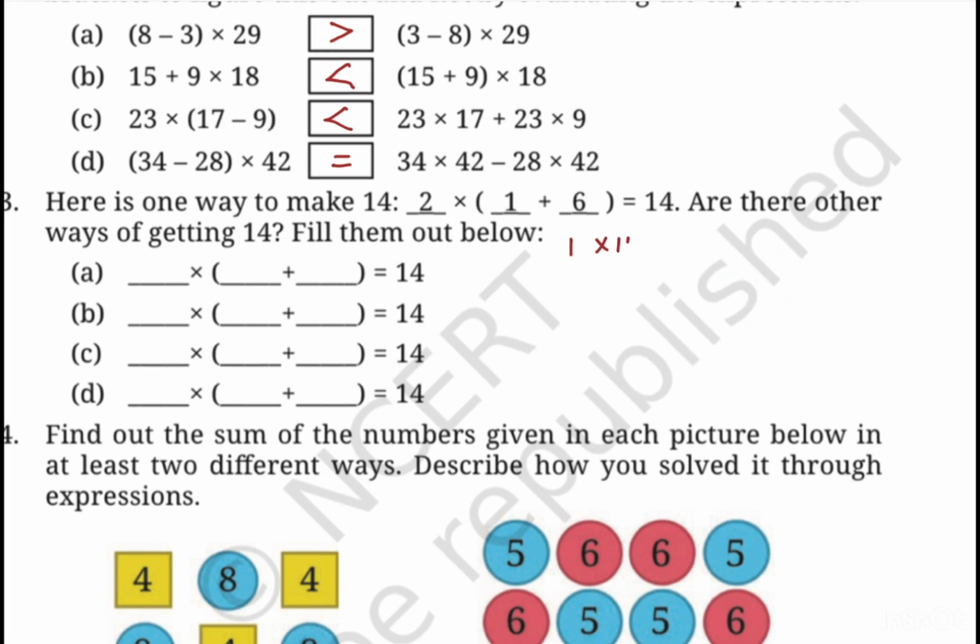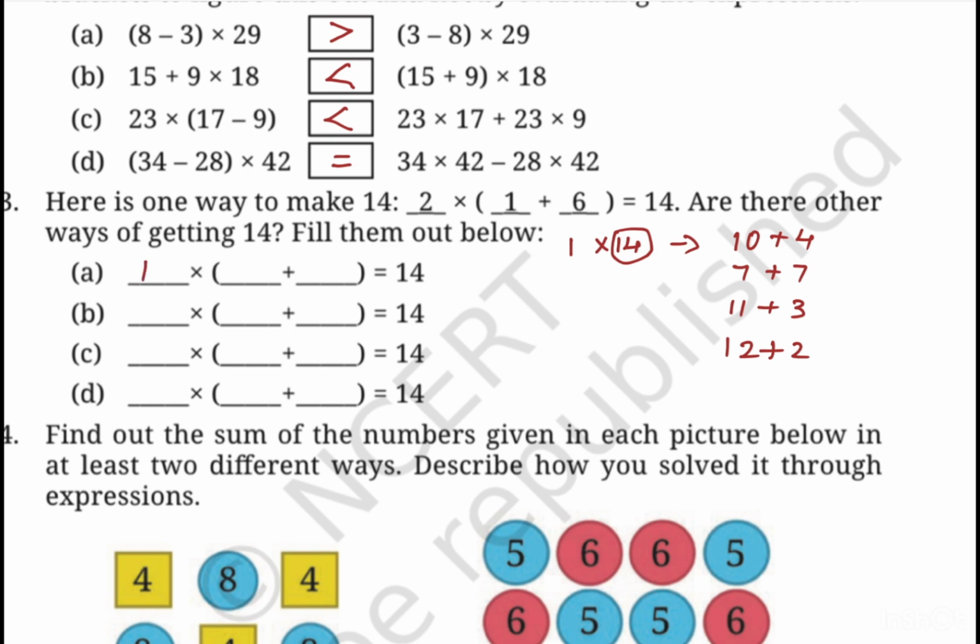We can multiply 1 by 14, and the 14 can be split into addition: 10 plus 4, or 7 plus 7, 11 plus 3, 12 plus 2. So there are so many ways to express 14.